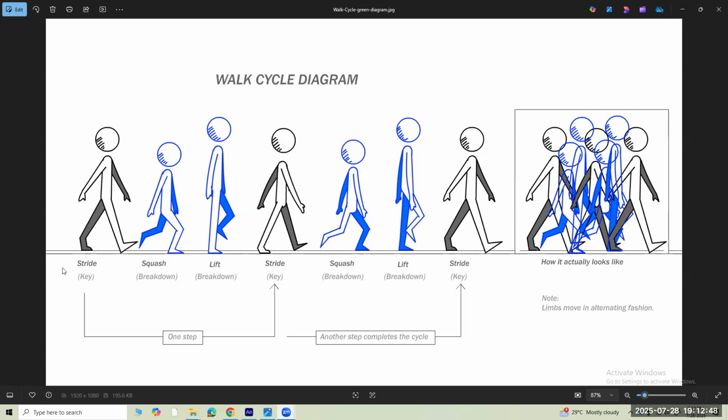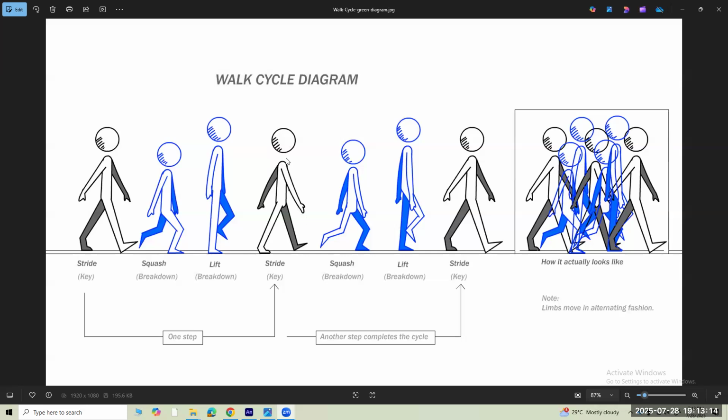Okay. So looking closely at the strides, let's say for example the right leg is positioned forward, the right arm is positioned backward. On the other stride, you can see that the right leg is positioned backwards, the right arm is positioned forward.